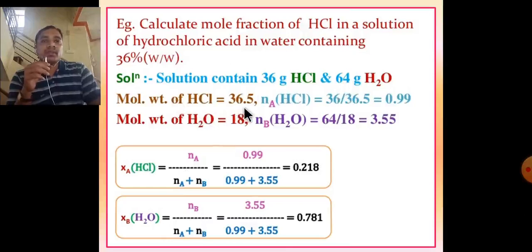The molecular weight of HCl is 36.5, so the number of moles is 0.99. The molecular weight of water is 18, so the number of moles is 3.55. Similarly, the mole fraction of HCl is 0.218 and the mole fraction of water is 0.781.